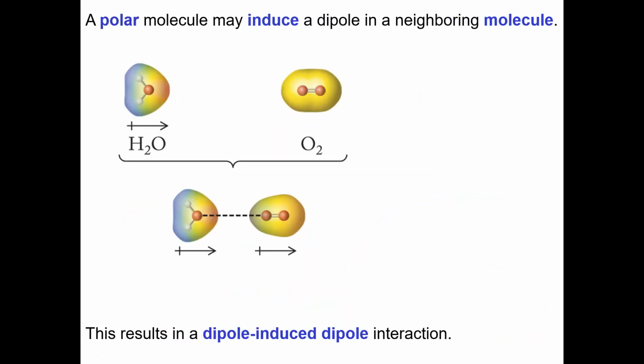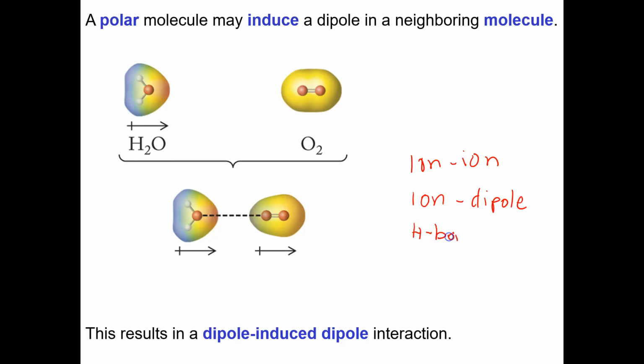So to date, we've looked at the following series of intermolecular forces, and I'm listing these out in order of decreasing energy. We have ion-ion interactions, which require the presence of a cation and an anion. We have ion-dipole interactions, which require an ion and a polar molecule.